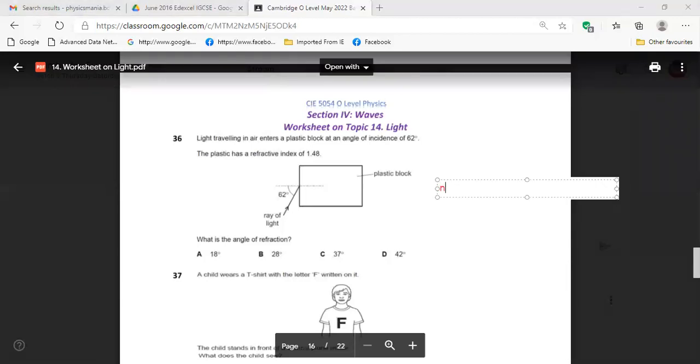My answer is C. Yes, the answer should be C. Sine i by sine r. Write it, everyone. Sine i by sine r, and you are going to find r, the angle of refraction. So r is 37 degrees. If you calculate, it comes to 37 degrees.